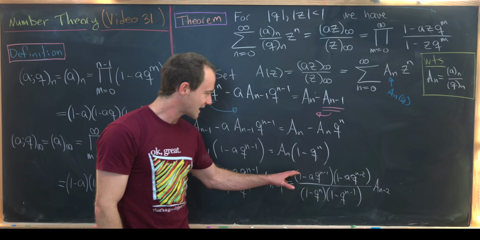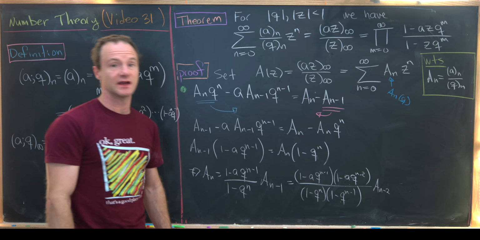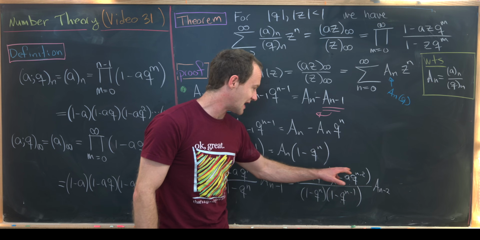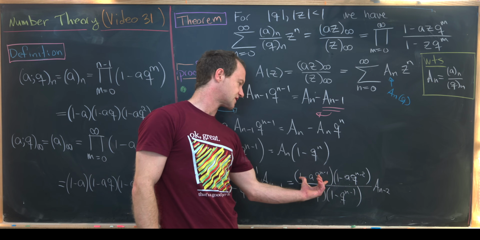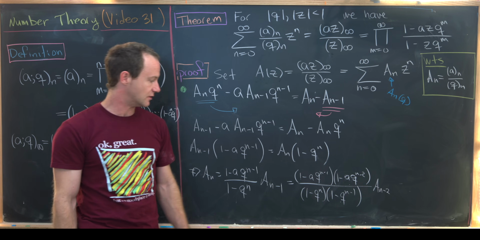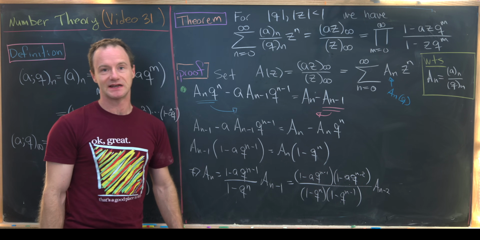But now notice we're going to have this falling product in the numerator and the denominator. Each time we pick up a term that looks almost exactly the same with one lower exponent of q. That's happening upstairs and downstairs.